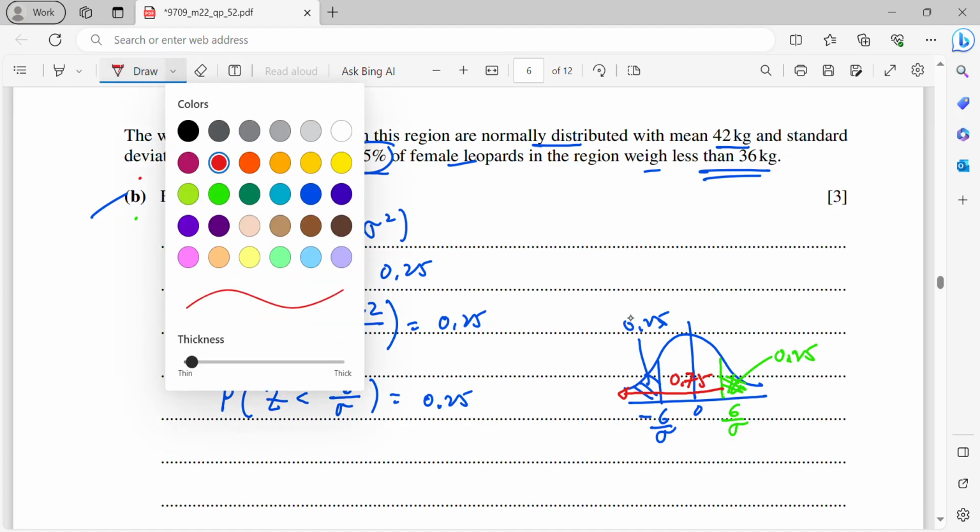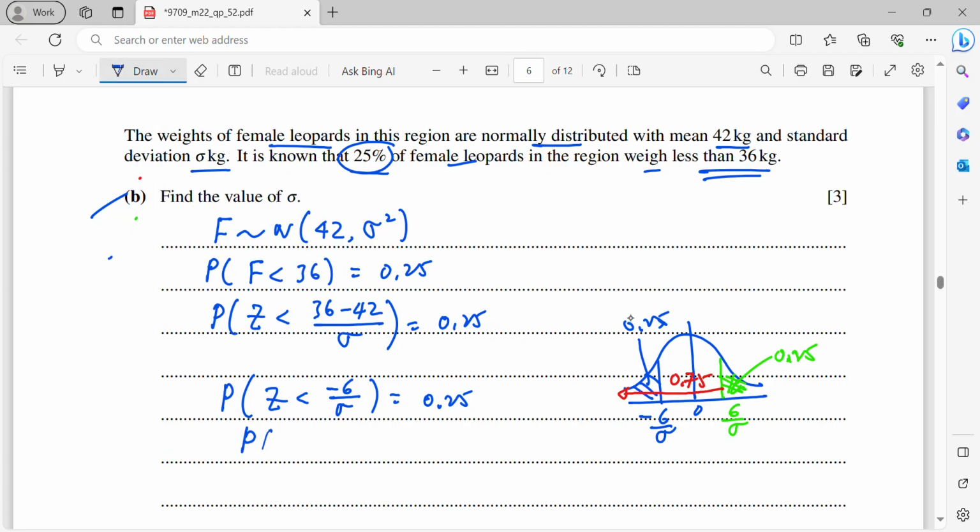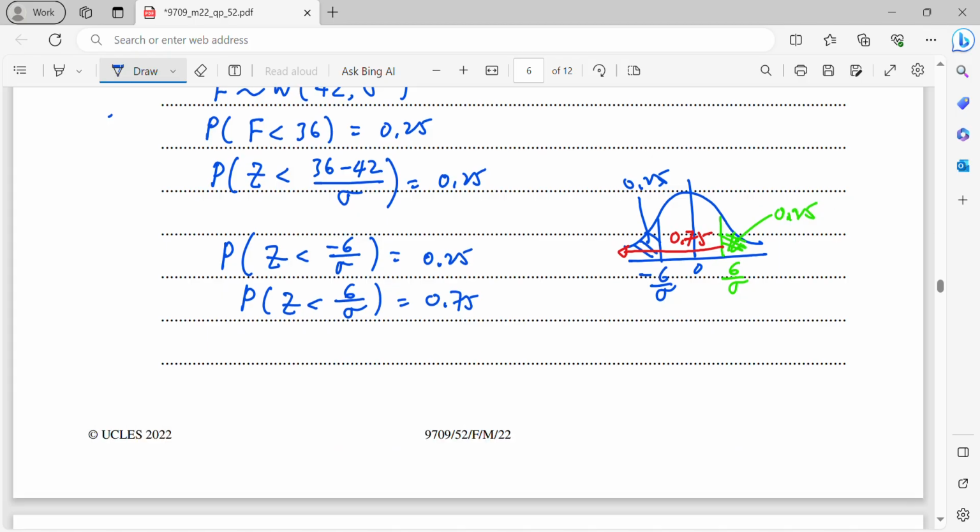Okay, so now from the graph, I know that P(Z < 6 over sigma) is going to be 0.75, and now my 6 over sigma is on the right side, so I can just use the table. So from the table, P(Z < 0.674) is 0.7499. So we are going to take this value because 0.7499 rounds to 0.75.